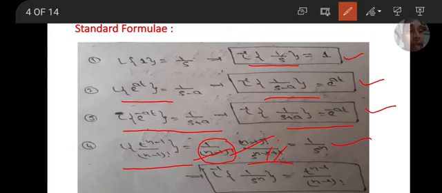The Laplace transform of t to the power of n minus 1 by n minus 1 factorial is 1 by s to the power of n. Therefore L inverse of 1 by s to the power of n equal to t to the power of n minus 1 by n minus 1 factorial. T to the power of n has Laplace transform n factorial by s to the power of n plus 1.